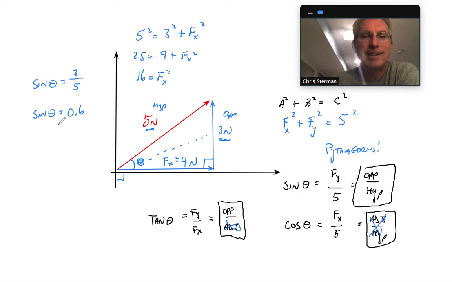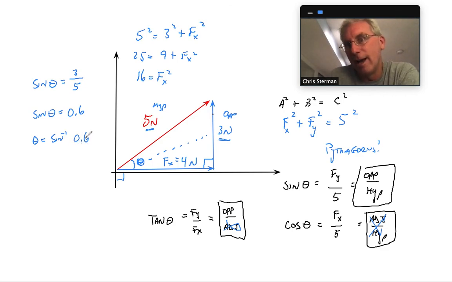Now, to get the sine to the other side, I'm going to divide both sides by sine. So in a math class, instead of doing 1 over sine, usually they do it this way, sine -1, which is the same thing as 1 over sine.